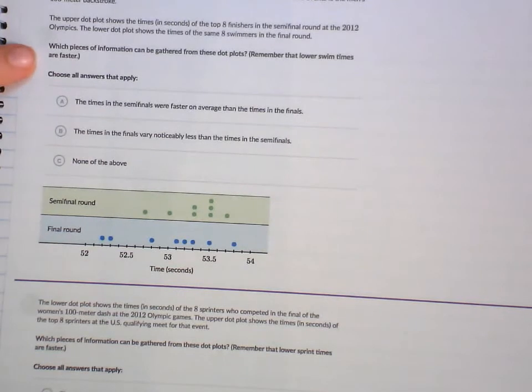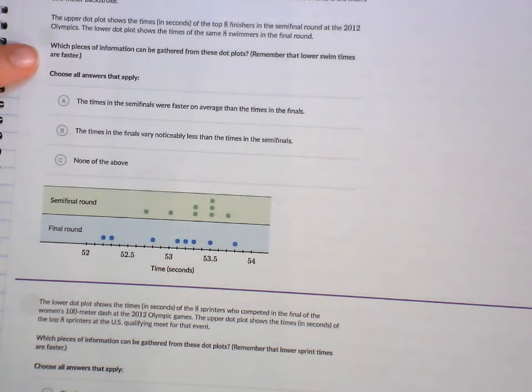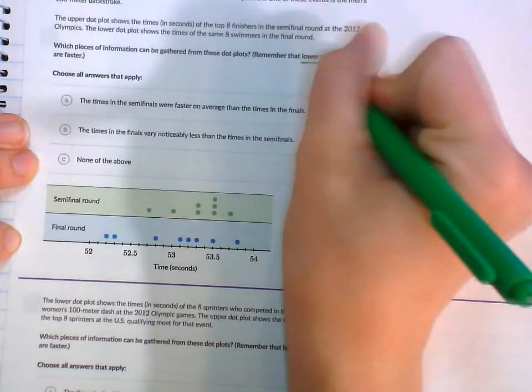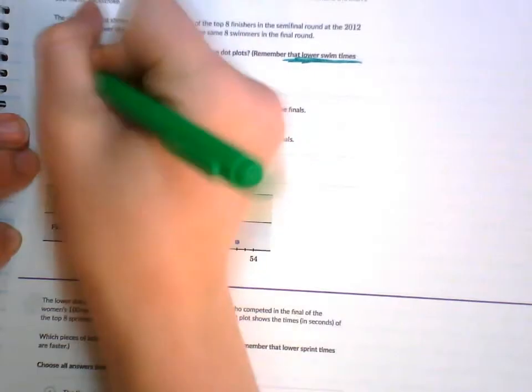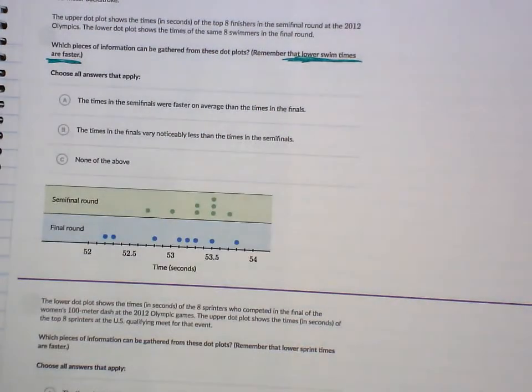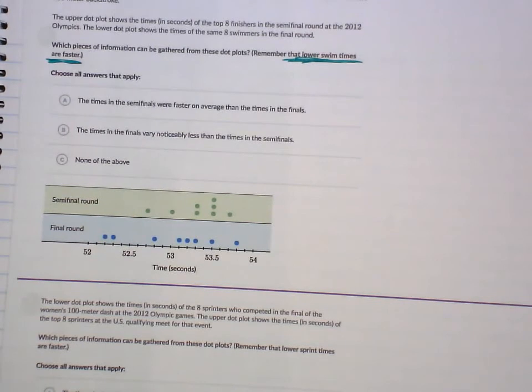Which pieces of information can be gathered from these dot plots? So important. Remember that the lower swim times are faster. Usually when you guys hear who's better, who's faster, we look for the bigger numbers. But think about it. Who's faster? Miss Fry, who can solve a math problem in 10 seconds, or Gabby, who can solve a math problem in 90 seconds?